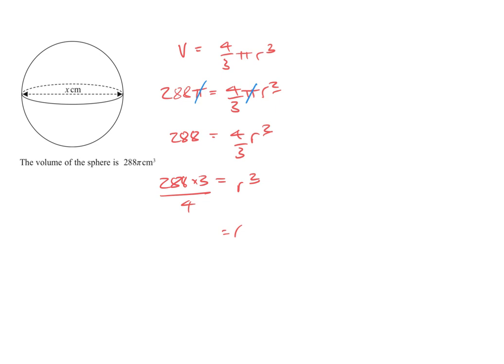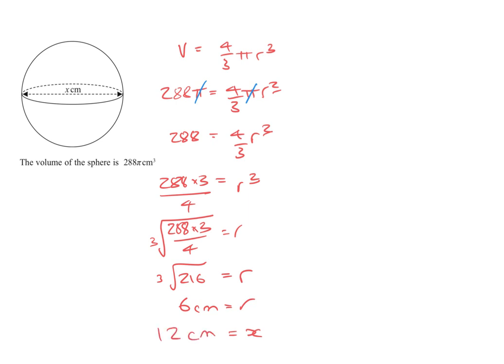So r is the cube root of 288 times 3, divided by 4. And then when you put that into your calculator, r will come out to be the cube root of 216, which maybe you know is 6. So 6 centimeters. And if r is equal to 6, that's the radius, then x, which is our diameter, is equal to 12 centimeters. And we'll use that now with the pyramid.